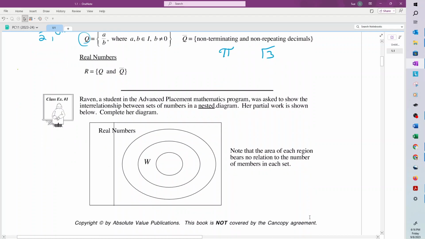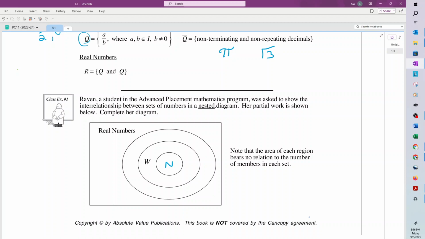So we can do this in a diagram, and this is actually a good diagram. Often textbooks have bad diagrams. So the smallest set, most restrictive set, is the natural numbers. And then the whole numbers include all of the natural numbers plus the number 0.